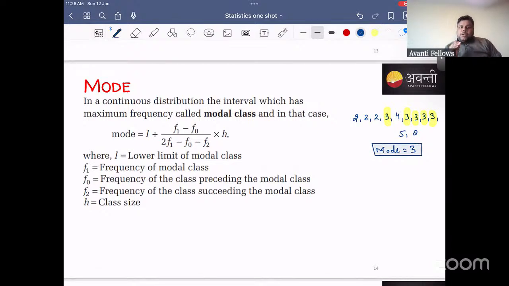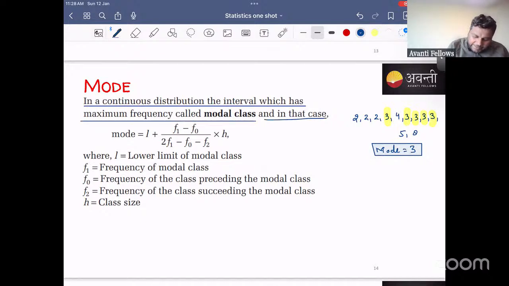Now, in a continuous frequency distribution, the interval which has maximum frequency is called the modal class. And in that case, mode is L plus (F1 minus F0) upon (2 F1 minus F0 minus F2) into H. So this is the formula to find the mode.